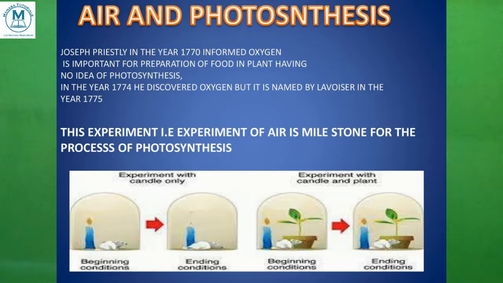Even at that time John Priestley had no idea about photosynthesis. In the year 1774 he discovered oxygen, but he did not coin the term oxygen. Understood? The term oxygen was not coined by John Priestley. It was coined by Lavoisier in the year 1775.